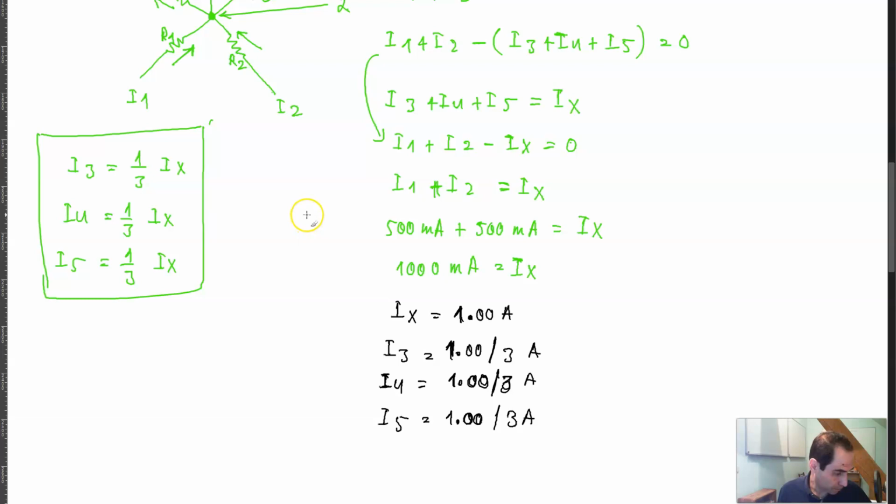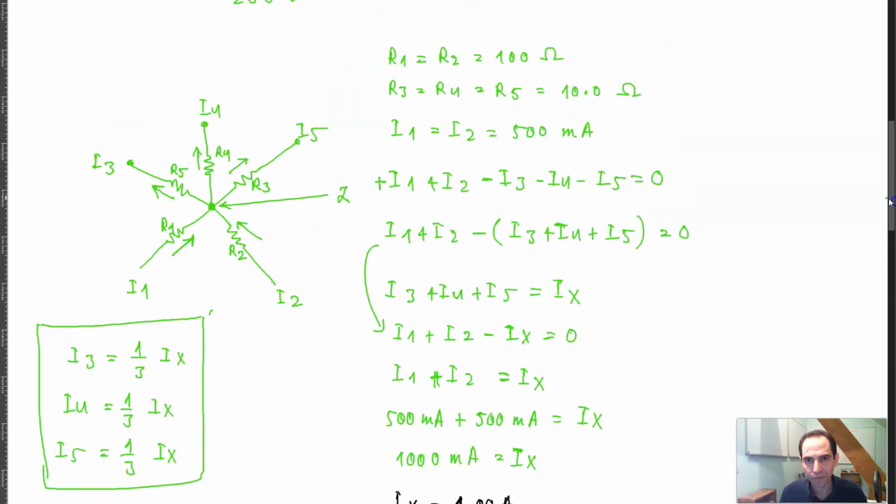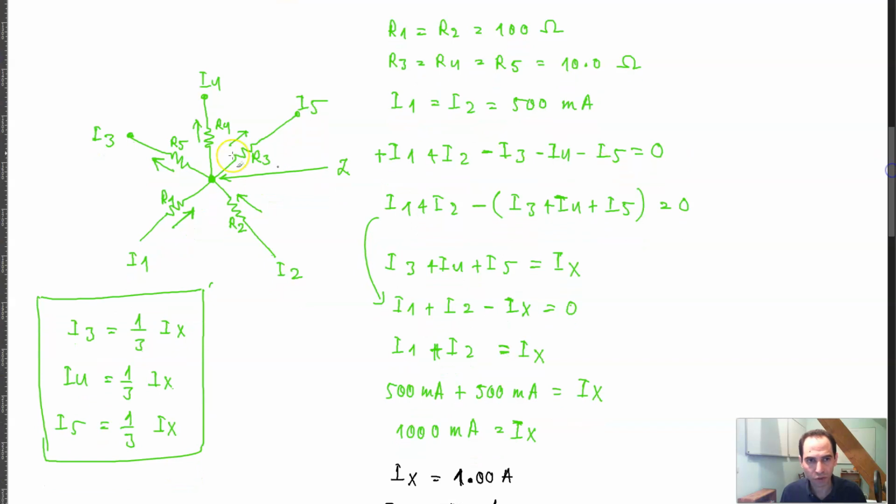Now the next part of this question is, what is the voltage then across any of the 10 ohm resistors? The 10 ohm resistors, over here we have R3, R4 and R5. You want to calculate the voltage across them.